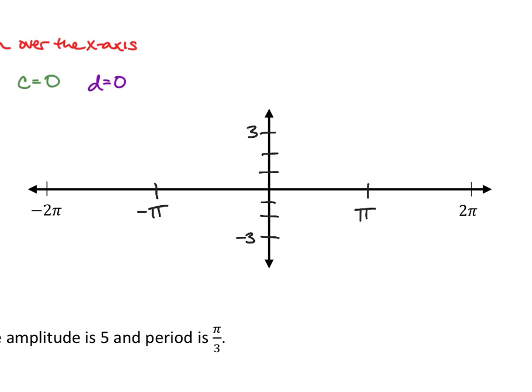From here, we follow the pattern. The pattern for cosine, right, this is cosine, right? Yeah, was maximum, center, minimum, center, maximum. But since it's a reflection, instead of starting at the maximum, what am I going to start at? Minimum. So I'm going to actually start down here. But then the pattern continues. Minimum, center, maximum.